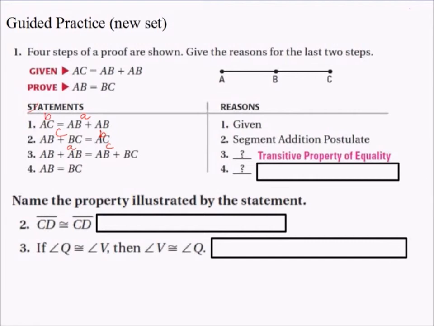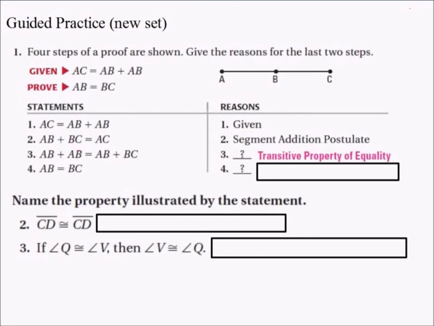And then what's changing from step 3 to step 4? Well, what's AB plus AB? And what's AB plus BC? Do you see it? What could you do? Well, if you can't see it, what's the change from step 3 to step 4?